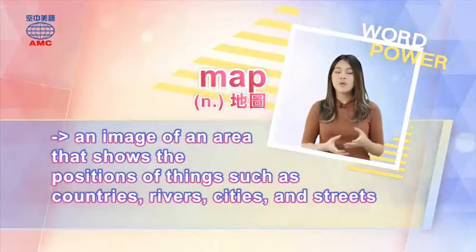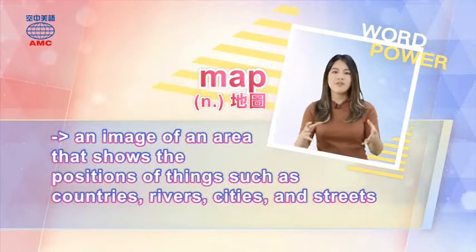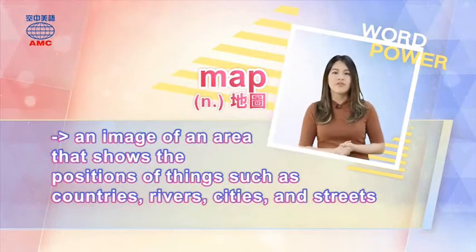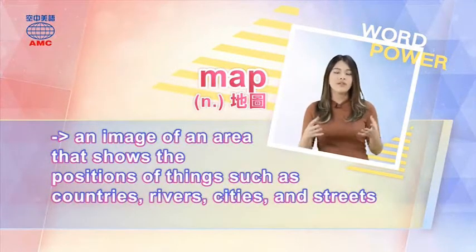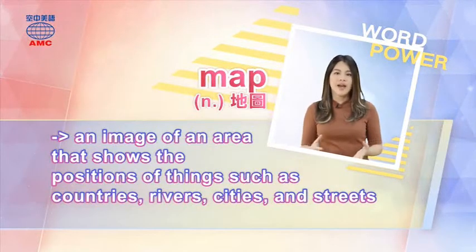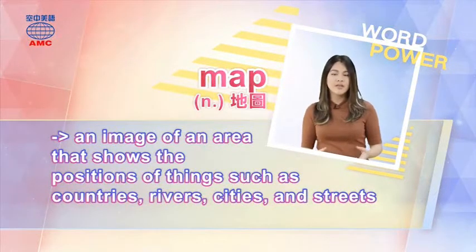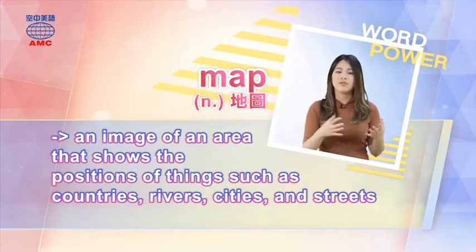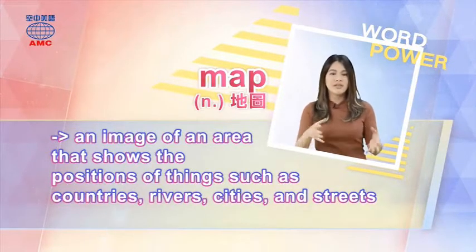And we also saw our power word map, M-A-P, map. A map will show you the different areas and the positions of things on Earth or in this world. For example, we can have a map of countries, or a map of all the different cities and streets in this city.